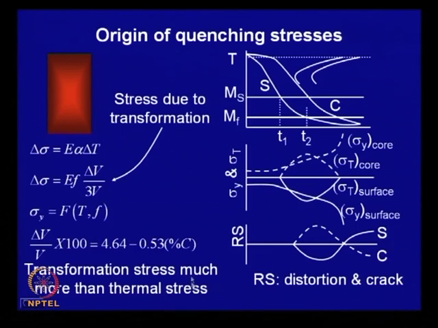In this particular case, if you look at the volume expansion, its contribution is possibly much more. There is around 4% volume expansion, which will also depend on the amount of carbon contained, and 4% volume expansion is much more than the thermal coefficient of expansion. Therefore, during quenching, the stress that develops in the material will be primarily because of this transformation stress.